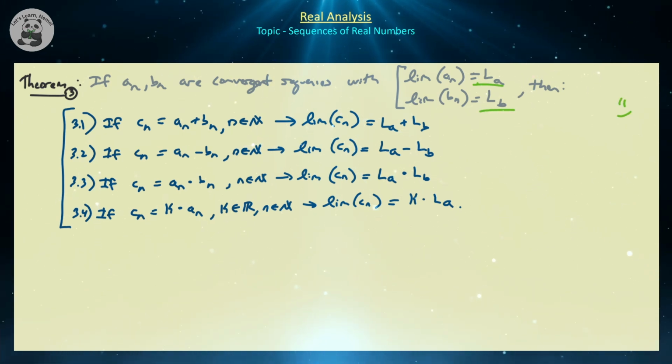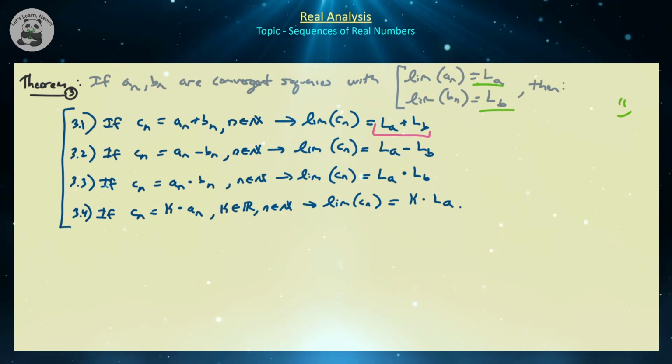Then, if we construct a new sequence from these sequences, for example, define c_n to be equal to the sum of the individual terms of the convergent sequences a_n and b_n, and then take the limit of that particular sequence, that sequence of summed values will also converge to the sum of the limits.